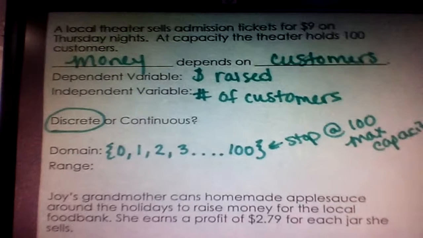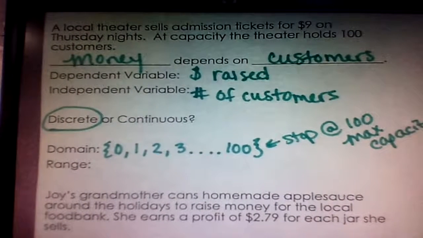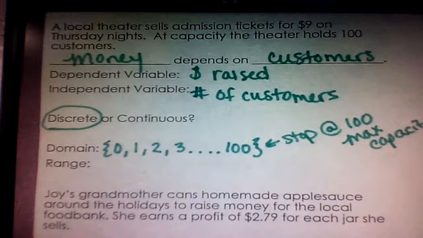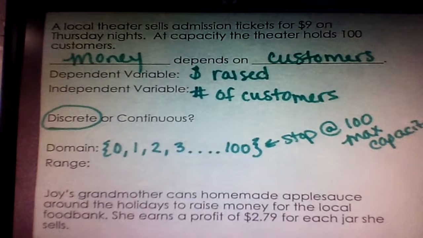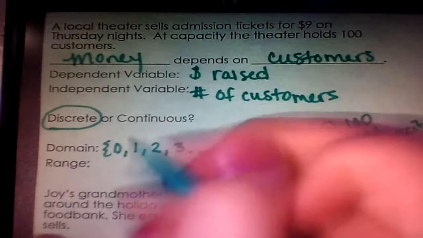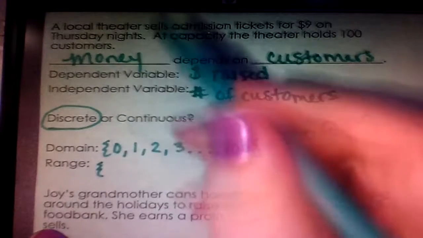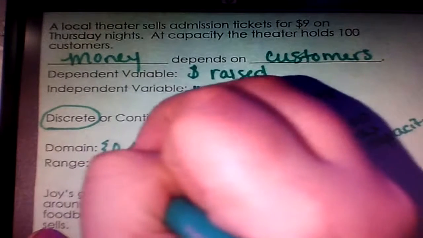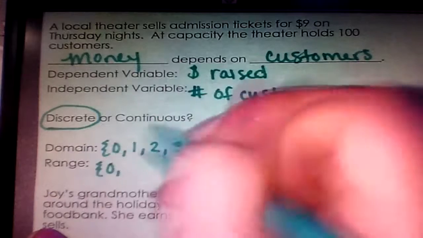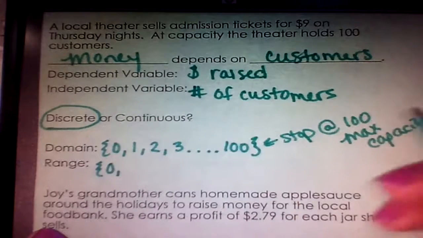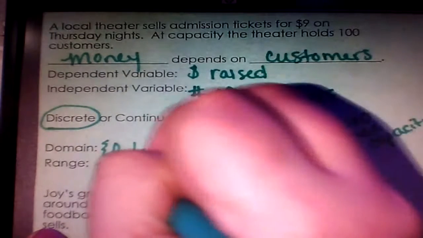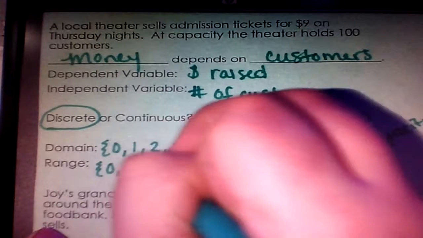Okay, so we've restricted your domain and range. So what's my range then? What's the smallest my range can be? 0. If I have 0 people, I've got 0 money. If I have 1 person, I make how much? 9. If I have 2 people, 18.